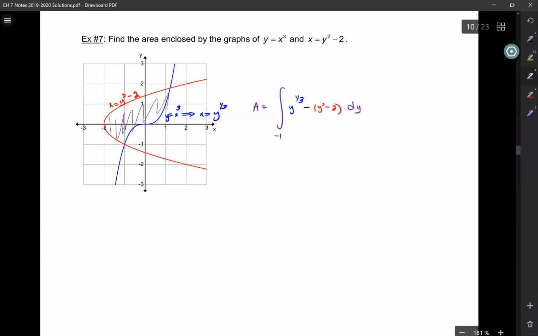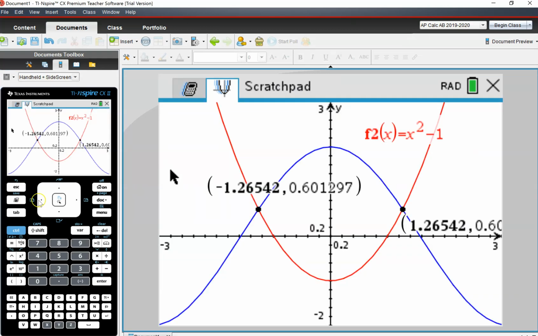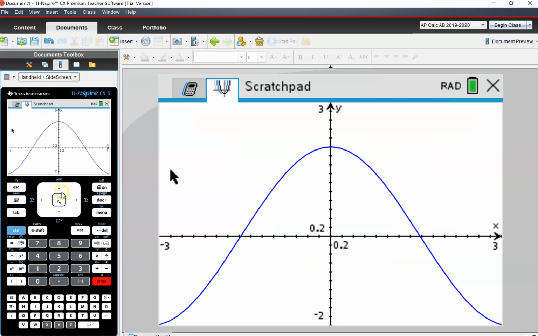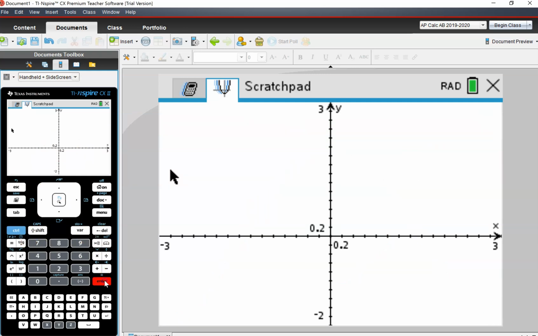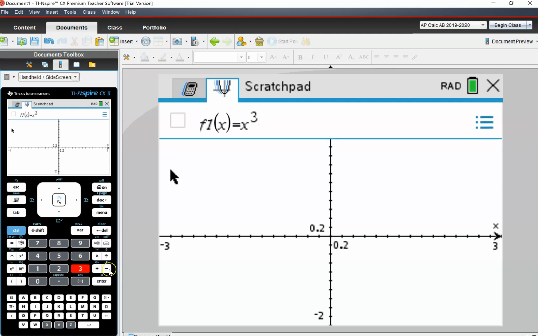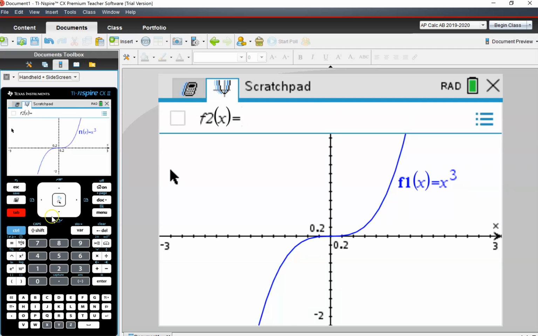So let's go to the calculator. Let me clear these and graph the other one. So what do we have here? We have y equals x cubed. Let me find my functions first.